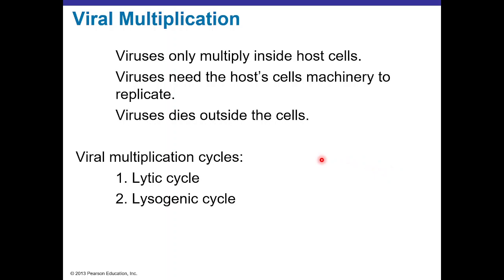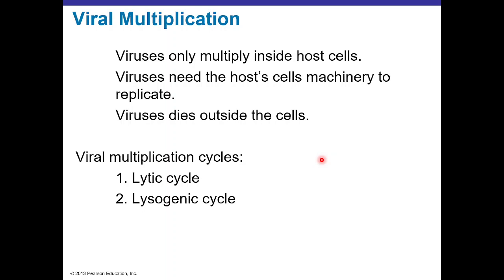Now, viruses don't multiply by binary fission like bacteria. They multiply by making copies of themselves inside host cells, using the machinery of the host cell to replicate. They use enzymes like polymerases to make the nucleic acids, or they use the ribosomes to make proteins.